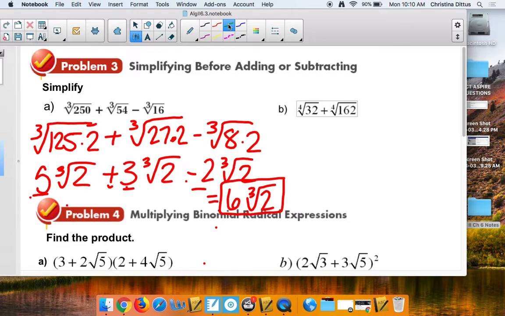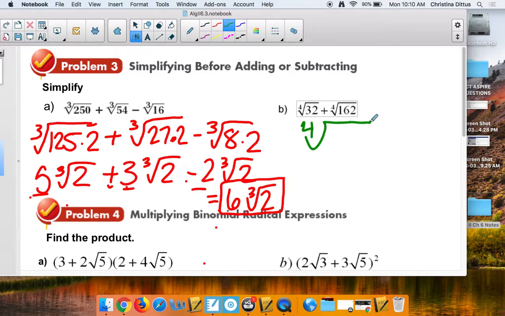Okay, we're gonna try the same thing with B, except for what's different about B compared to A. There are only 2. What else is different? Yes. I got a 4th root, not a cubed root. Okay. So I want to break 32 not down into something from my cube list, but as a 4th root of something.